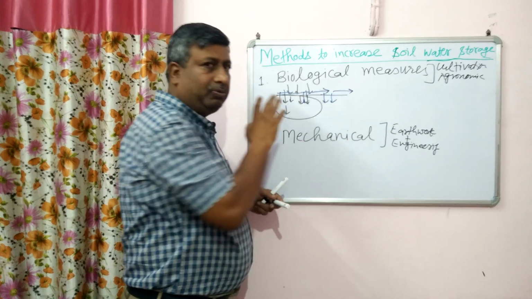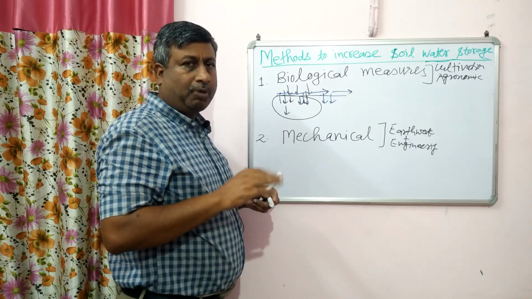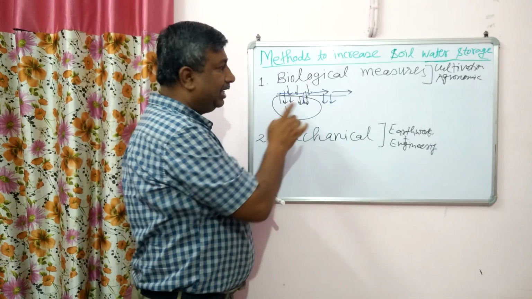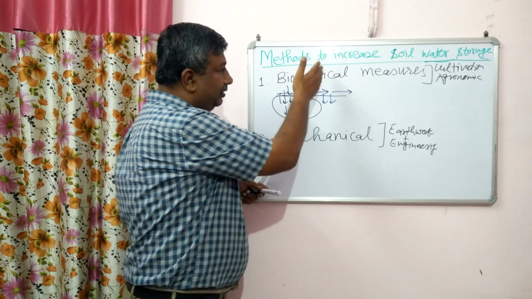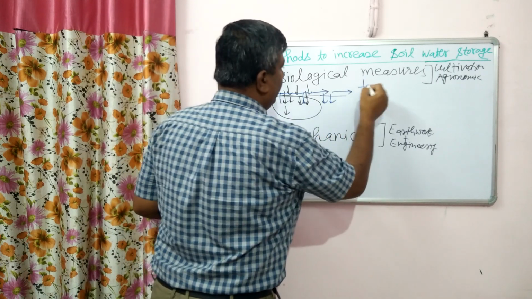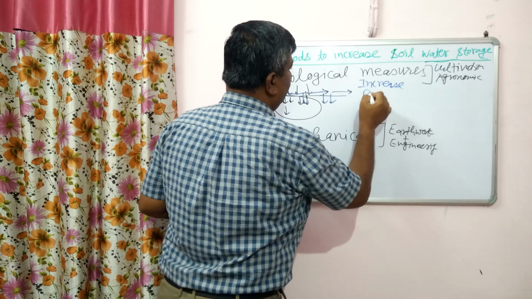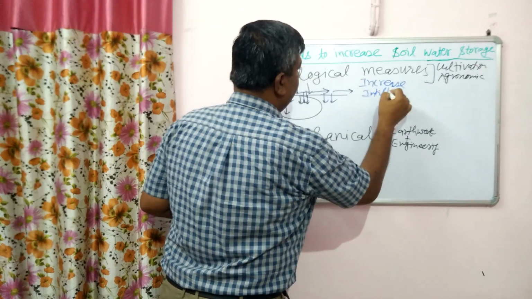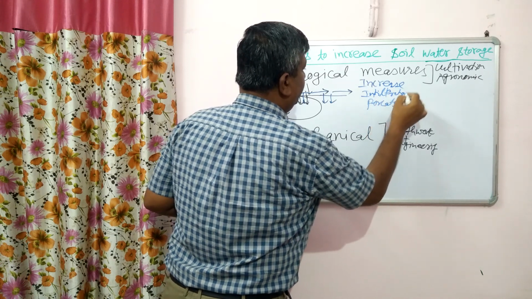So very little amount of water is stored means moisture availability is poor and crop cannot survive for longer period. Secondly, this water is wasted. Next harm is that the soil is eroded. So if we check this runoff and increase the infiltration and percolation, then we can reduce the runoff.